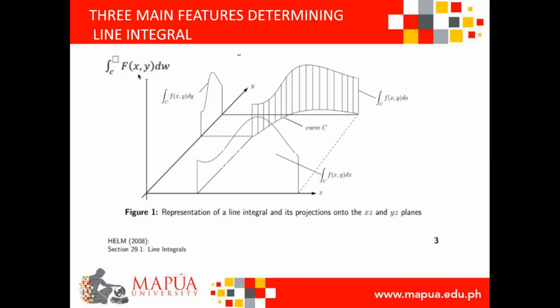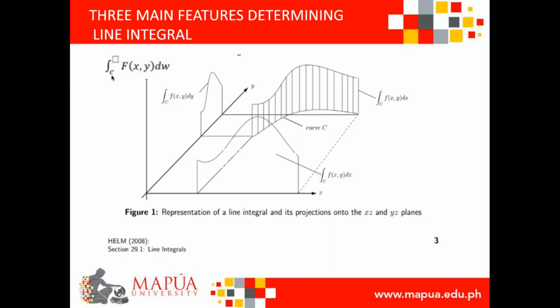So we have the first feature, which is f(x,y). This is the scalar function to be integrated. For example, f(x,y) is equal to x squared plus 4y squared. Then we have C. C is the curve along which integration takes place.